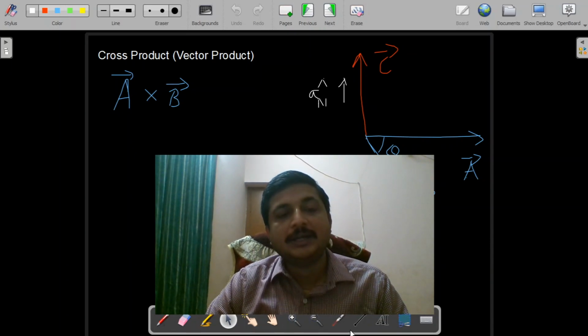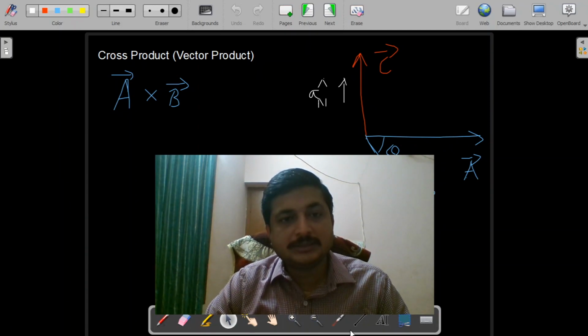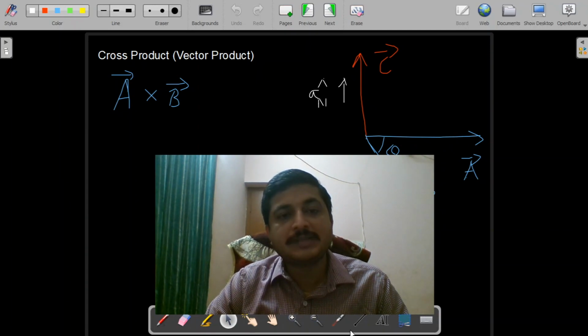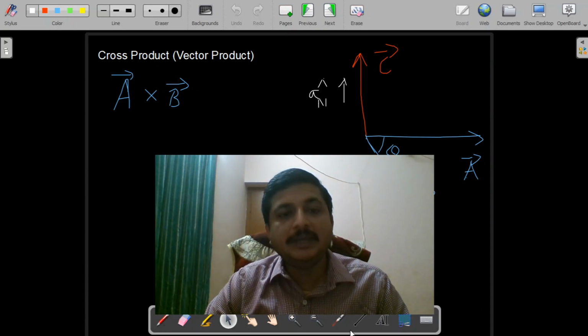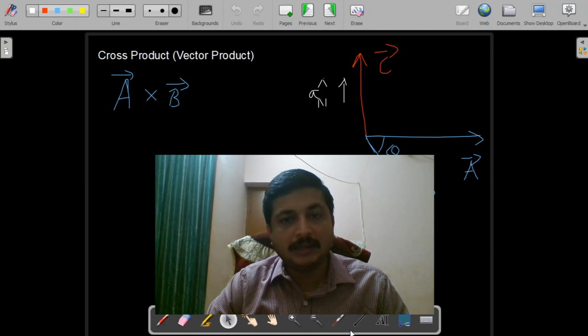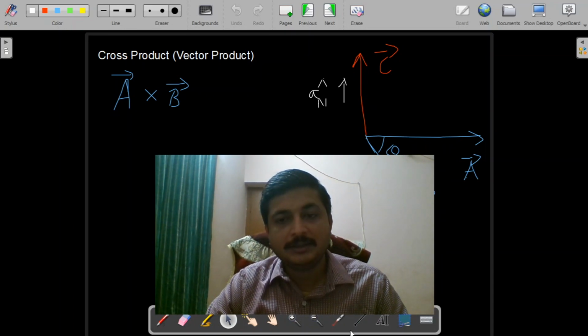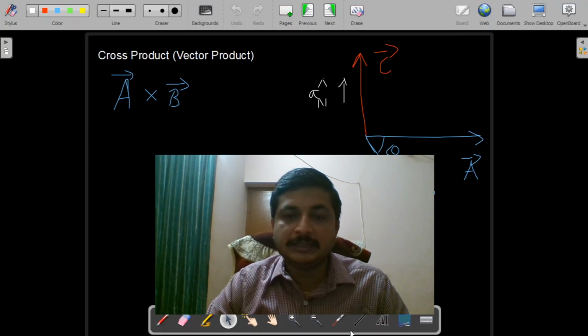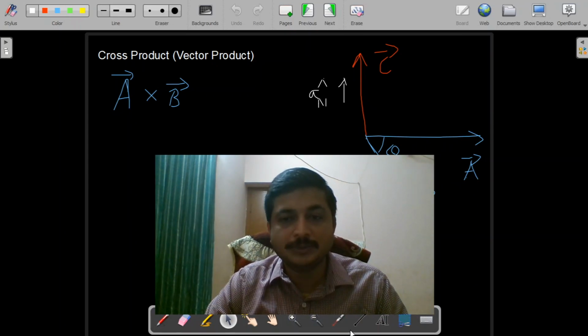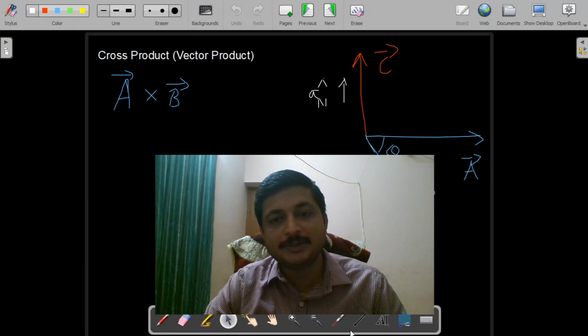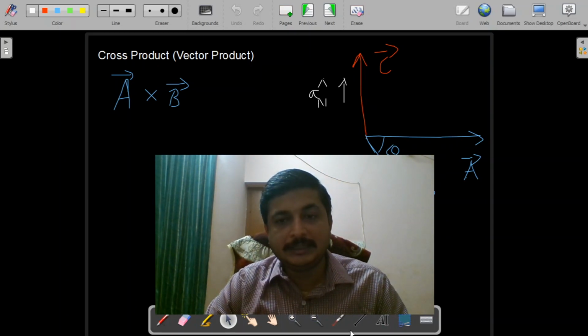And that direction will always be normal to the plane containing these two vectors. That means when you cross product two vectors lying on the same plane, you will get a new vector which will be perpendicular to the plane containing the vectors A and B. This you can see in the figure. I have A vector maybe in the y direction, and B vector lying in the same plane. You have to understand that the B vector is towards you, away from the screen, and they are separated by angle theta.